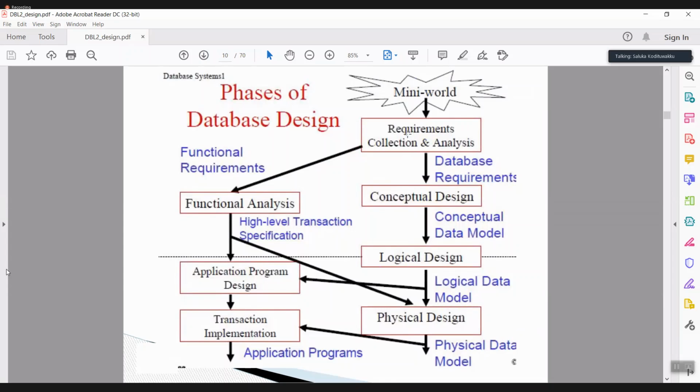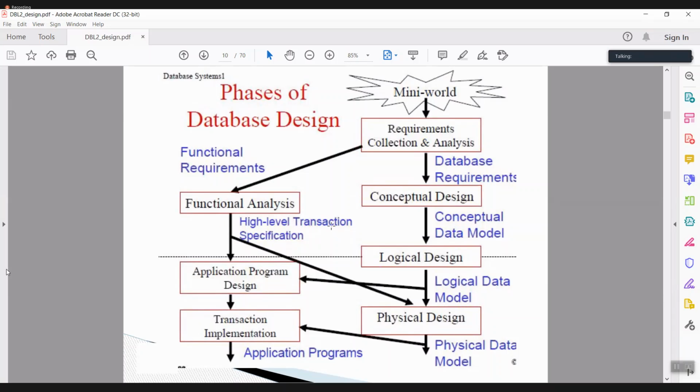These are the four phases we talk about: requirement collection and analysis, conceptual design, logical design, and physical design. In between, database requirements are collected, plus functional requirements, both taken together, and then the concept of the database is designed, the conceptual data model.